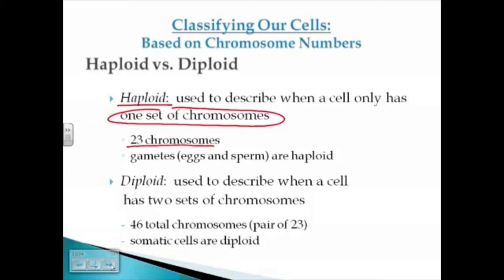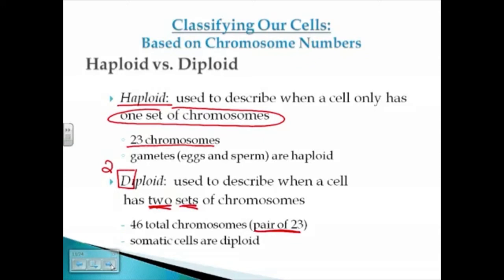Gametes are the only cell that should be haploid. Diploid, we should know that di refers to two. So in this case, you're going to have two sets of chromosomes. So you're going to have pairing, 23 pairs.